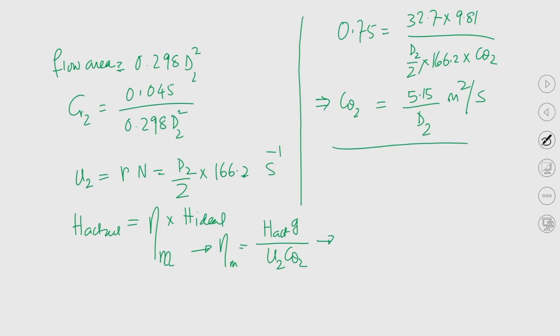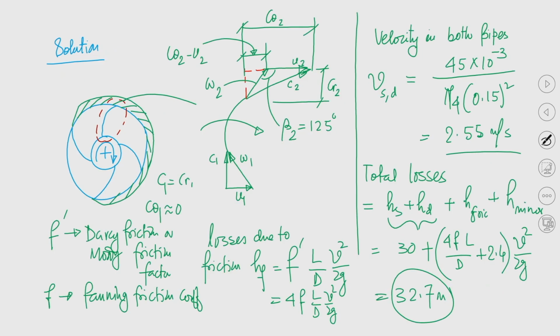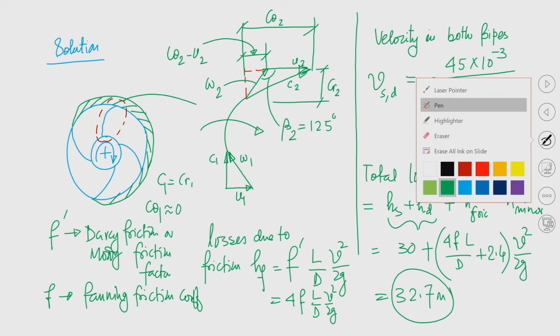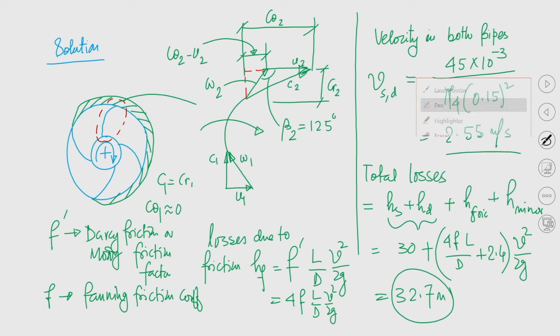Now, another important task: we have calculated c theta 2. So, if we now look at the velocity triangle, we can see this is cr2. What about this angle?